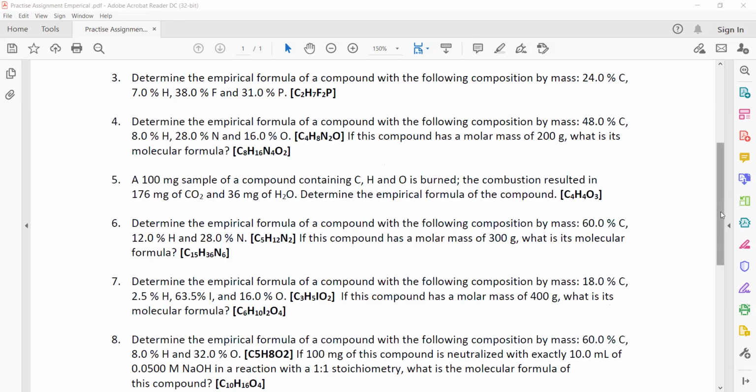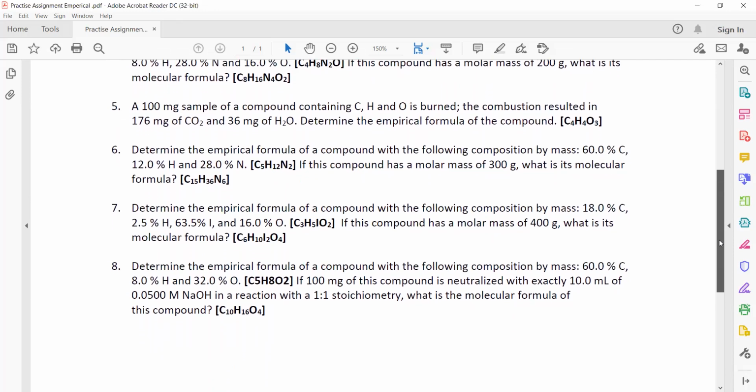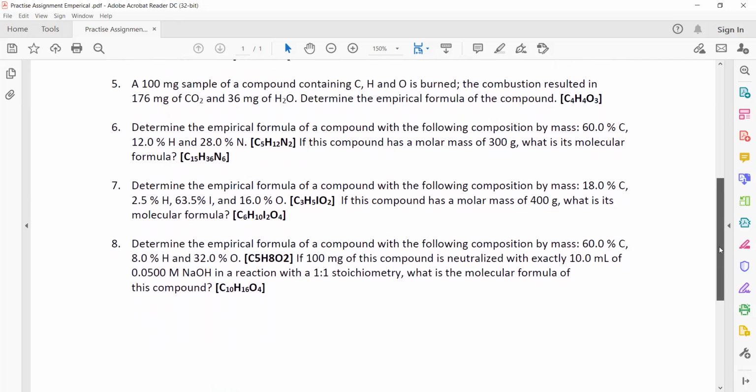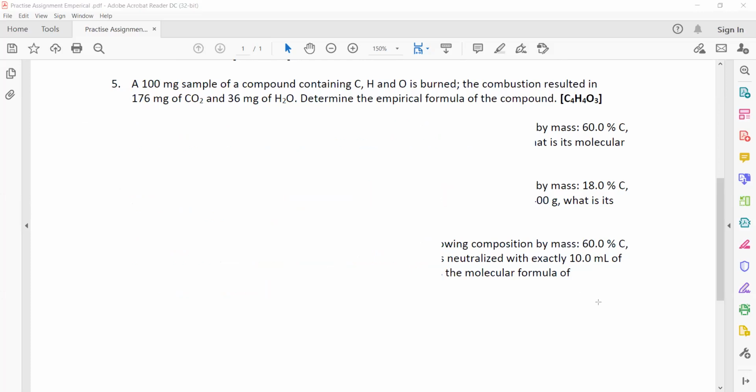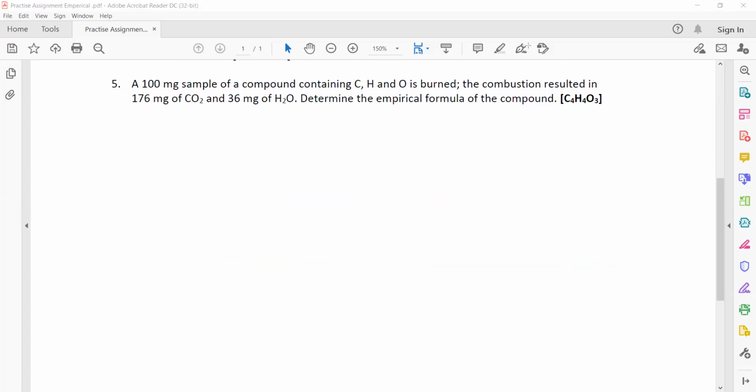Then question 5. Question 5 is a bit different compared to other questions, because instead of giving the mass of carbon and hydrogen, they mention that we have a 100 milligram sample of a compound which contains carbon, hydrogen and oxygen.